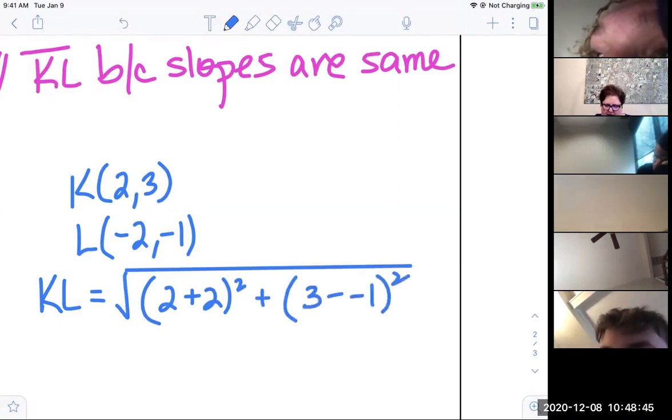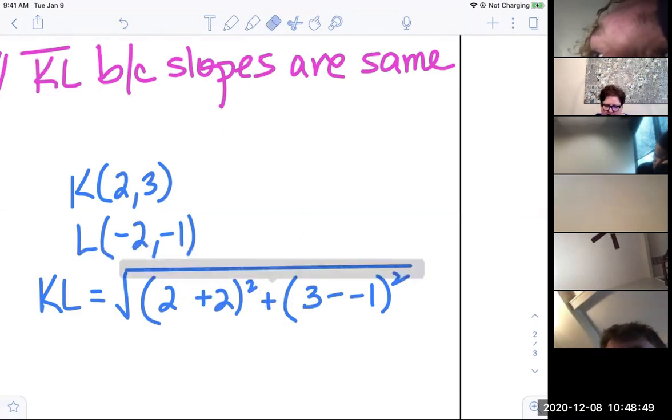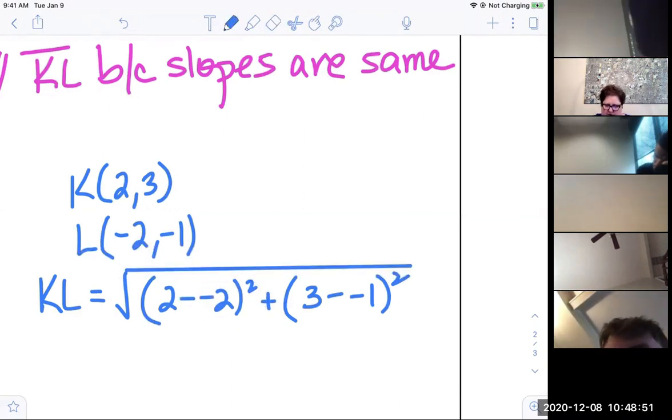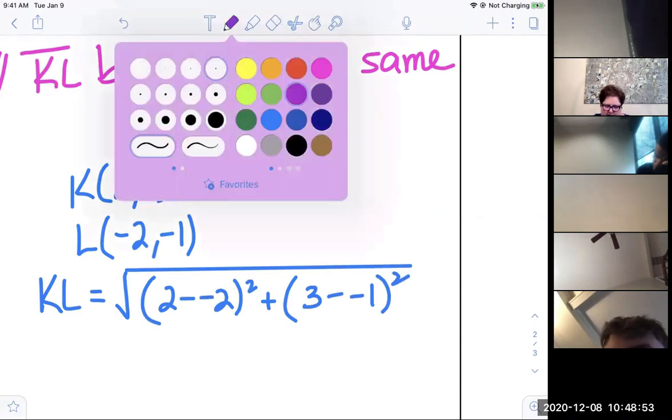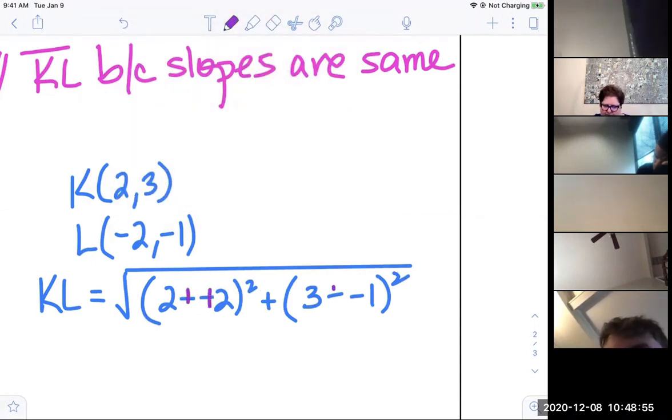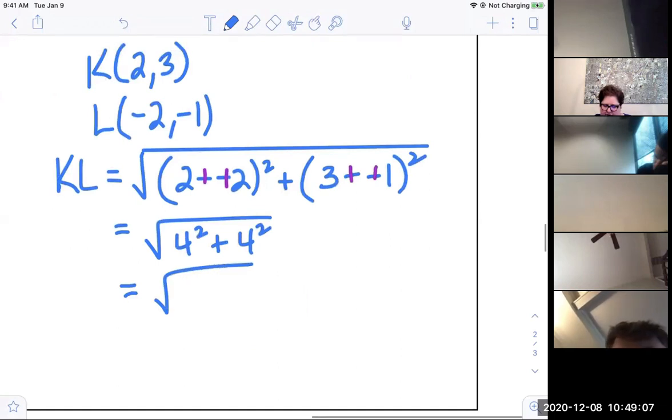Maybe it's better for me to write a double negative there. We can change the sign. So square root, 2 plus 2 is 4, 4 squared. 3 plus 1 is 4, 4 squared. 4 squared and 4 squared will be square root of 32.